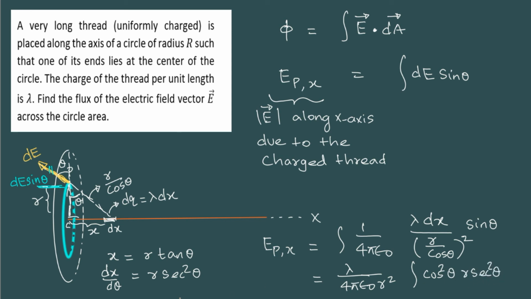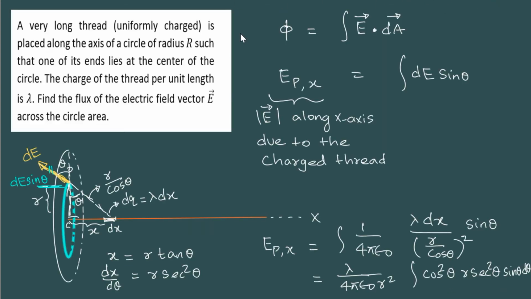Because I'm writing dx, I'll have to multiply this with d theta, which I will write towards the end, so sine theta d theta. Cos square theta multiplied by secant square theta becomes 1, so this r I can take outside.